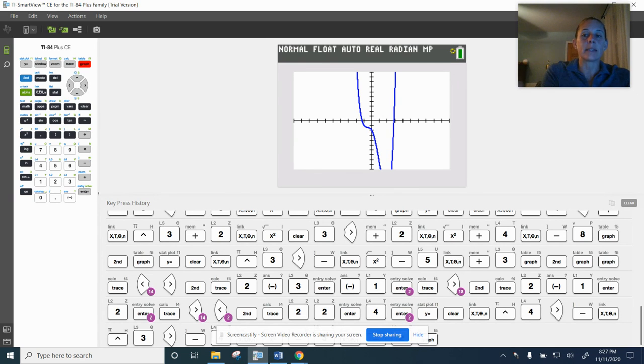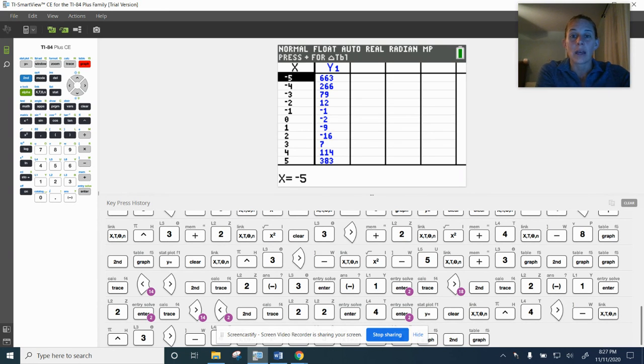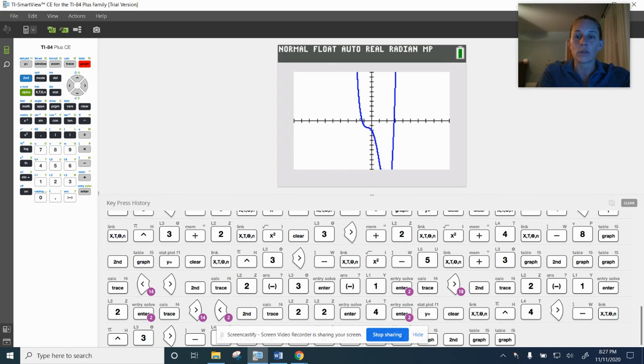There's my graph. Now I can see it crossing through at 2 locations. I don't think that they are factors of 2. I do not see any zeros in my table, so that pretty much confirms it for me there, that these are going to be some kind of a decimal or irrational 0.